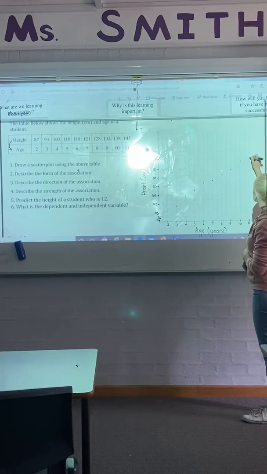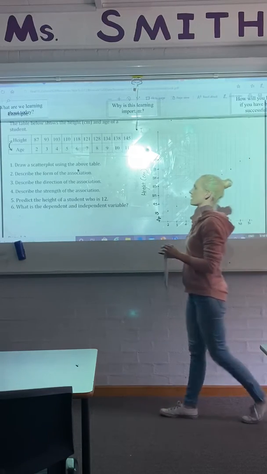And lastly, the 11-year-old was 145 centimetres tall.